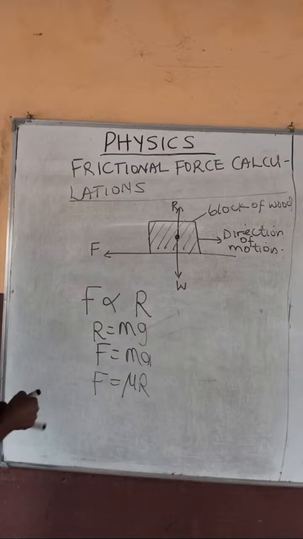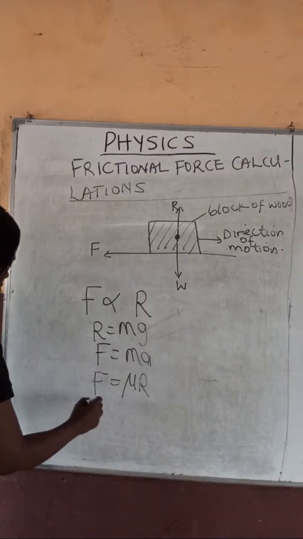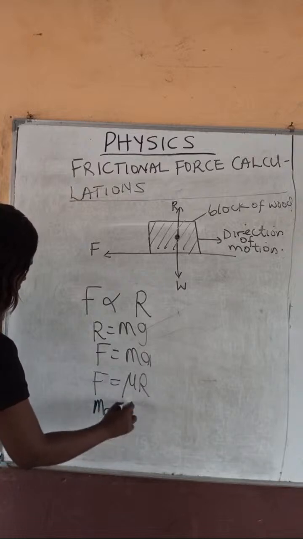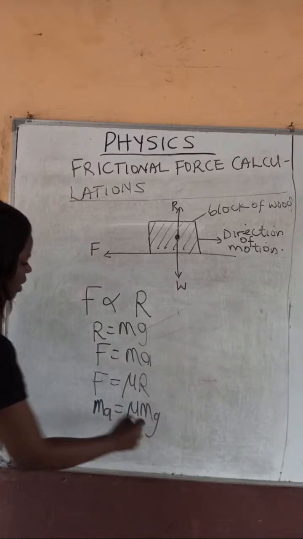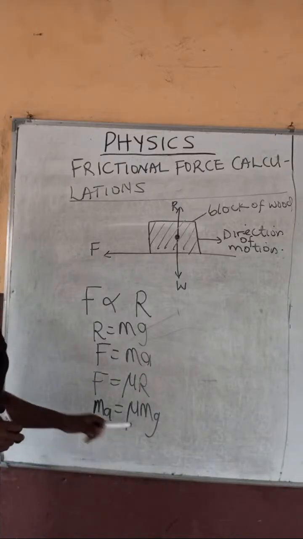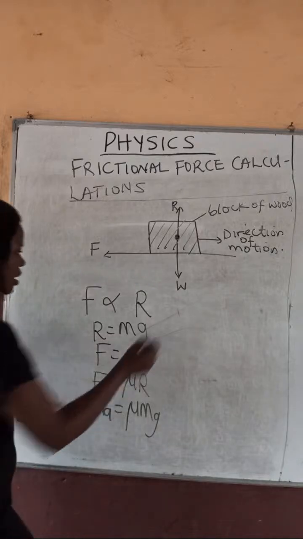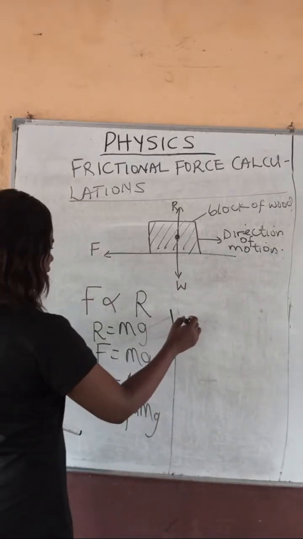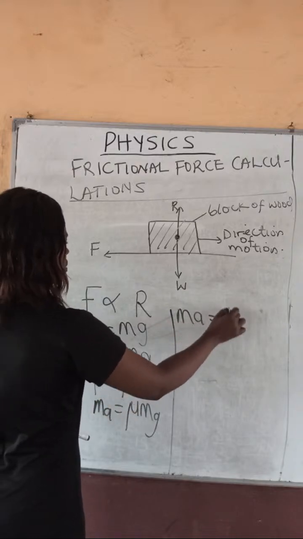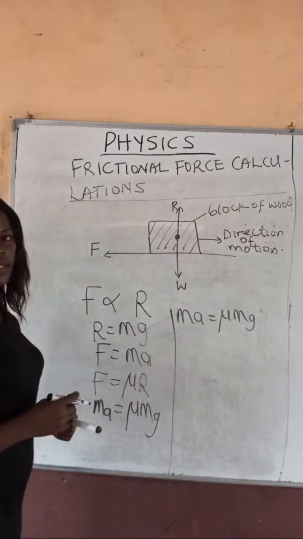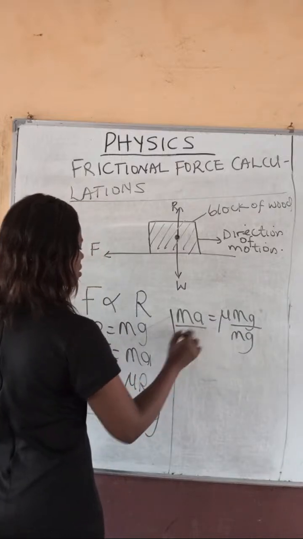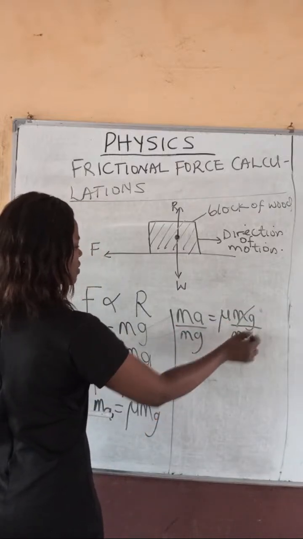So we have this force: ma is equal to mu mg. In case you're asked to find the coefficient of limiting friction, ma equals mu mg. I divide both sides by mg, and this cancels this.